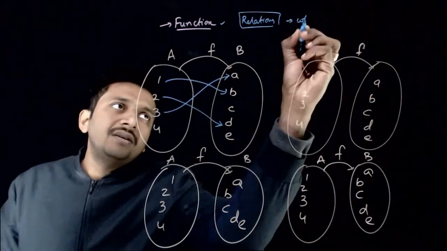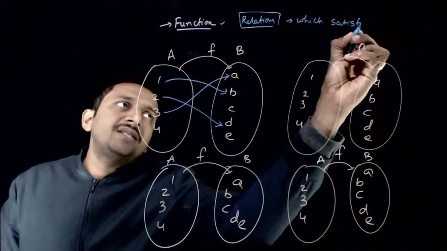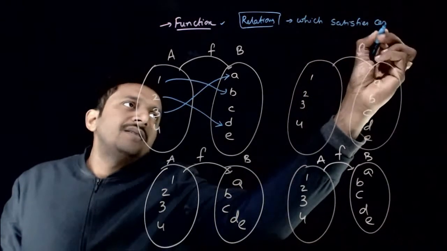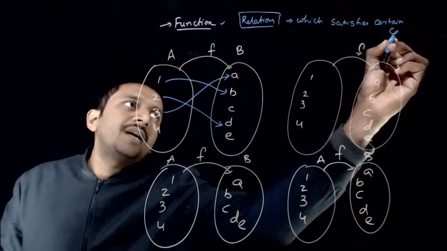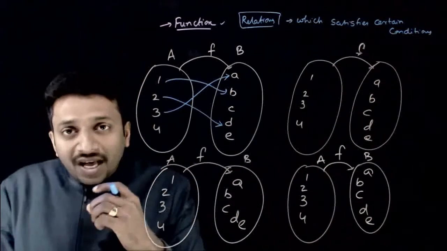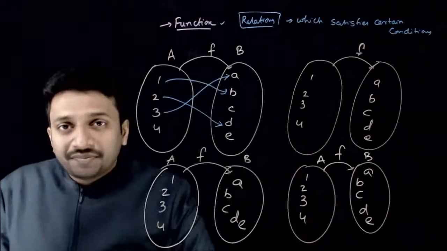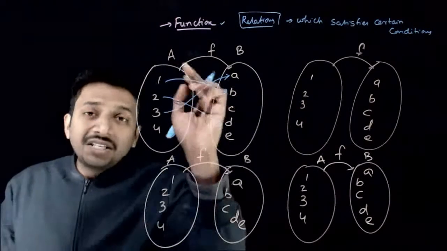A relation which satisfies certain conditions. So let us look at what the conditions are, what are the conditions to be satisfied for a relation to be called a function. So the conditions are something like this.